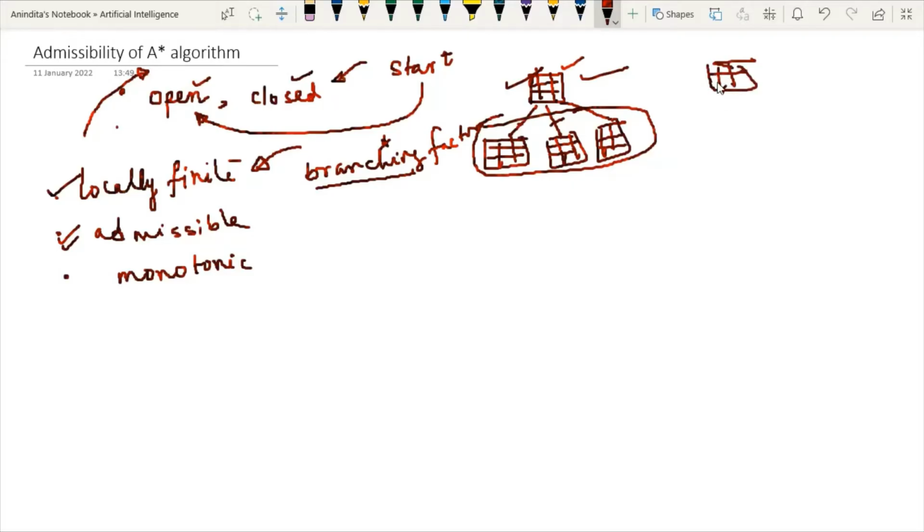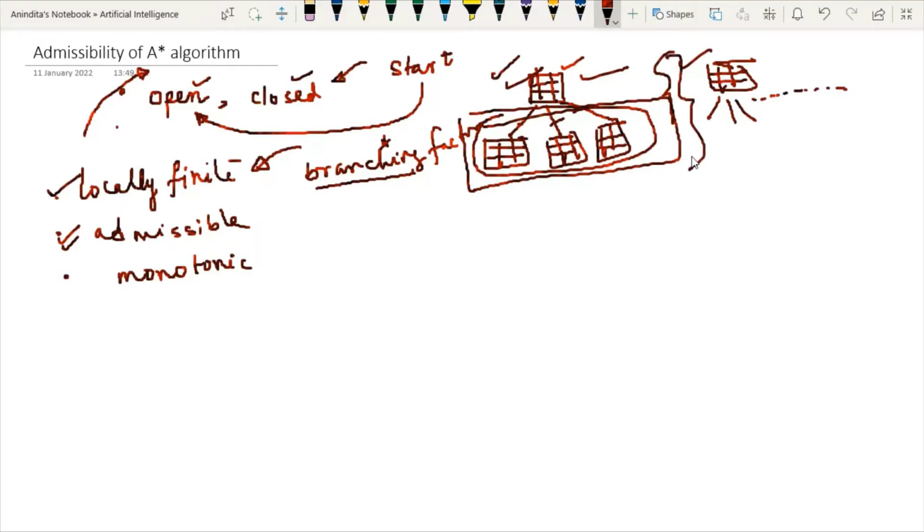If we have a situation where a node may have an infinite number of branches, then this kind of graph is not locally finite, right? If a finite branching factor exists for every node in a graph, then that graph is locally finite. Now, we have to focus on the other two terms, admissible and monotonic.